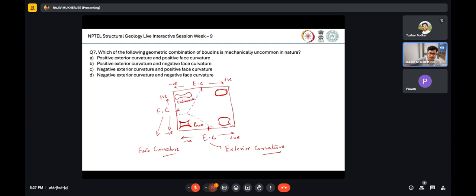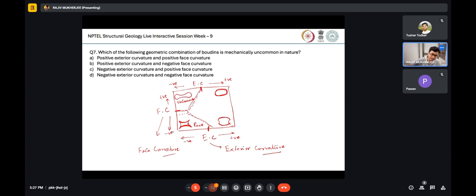So the neutral points in this axis and in this axis. If you join the neutral points in the x-axis and y-axis, eventually you will get the rare and uncommon fields of Boudin structures.